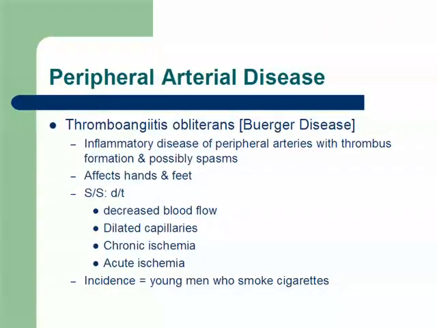Symptoms are due to a decrease in blood flow, which will cause pain and tenderness. The dilated capillaries will cause rubor, or the redness of the skin that occurs, and the warmth that's there. Chronic ischemia will lead to a thin, shiny skin and malformed, thick nails. Acute ischemia can actually cause gangrene.